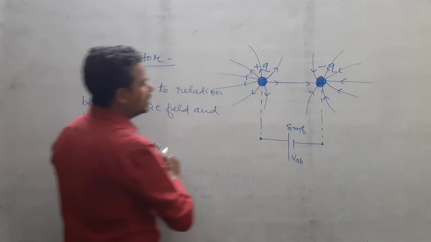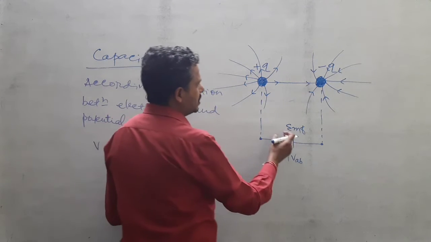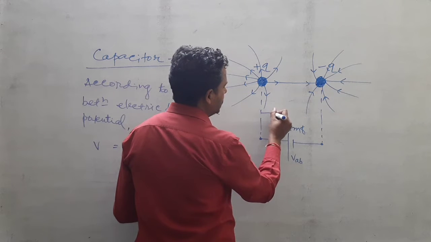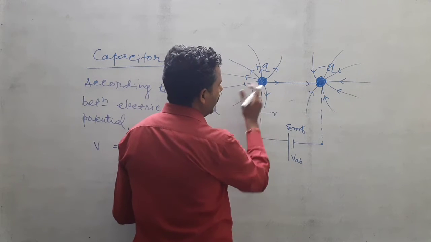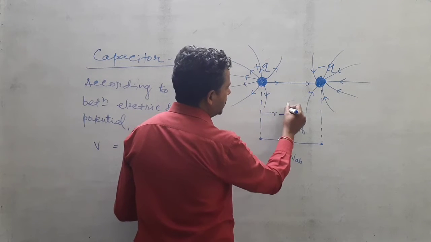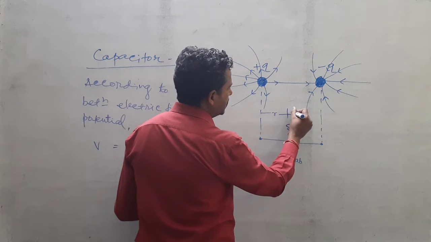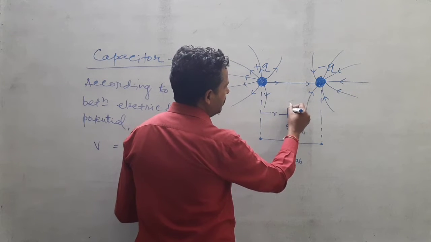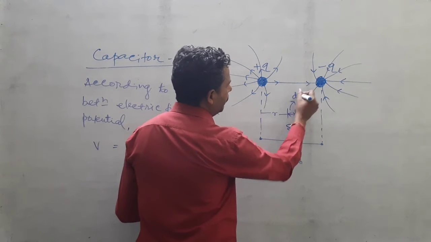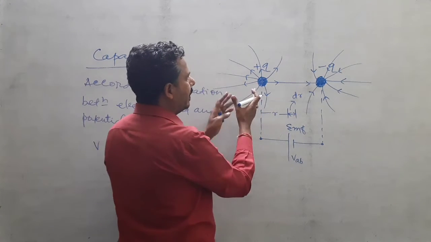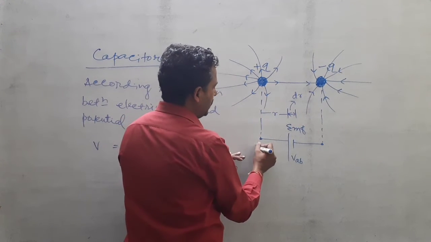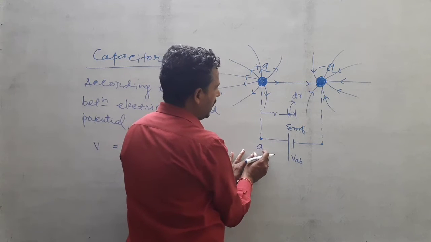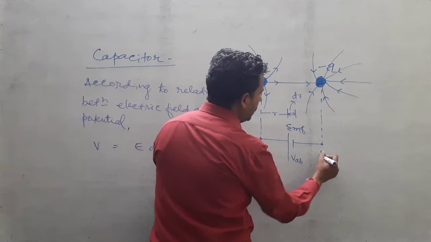At any instant, suppose we want to find at a distance r from one conductor. You have to just take a small separation, suppose this separation be dr at a distance r from A, because this terminal on the left side you can just call A and this one is B.